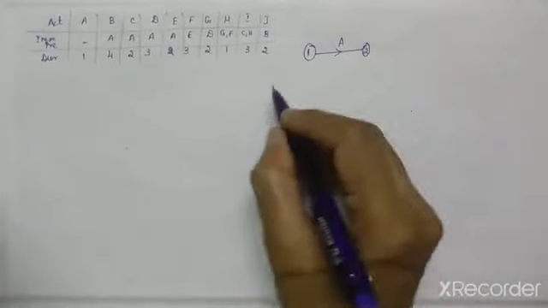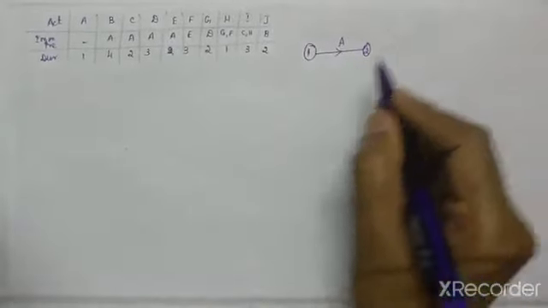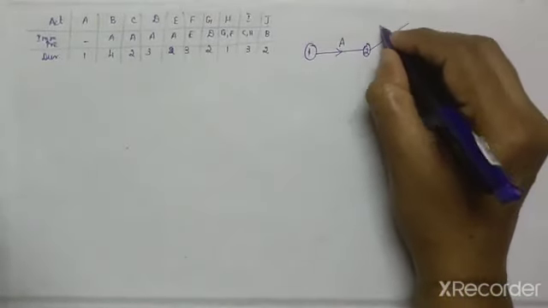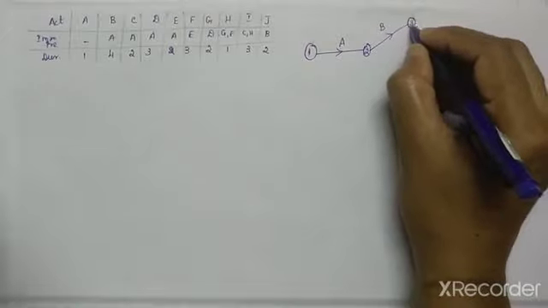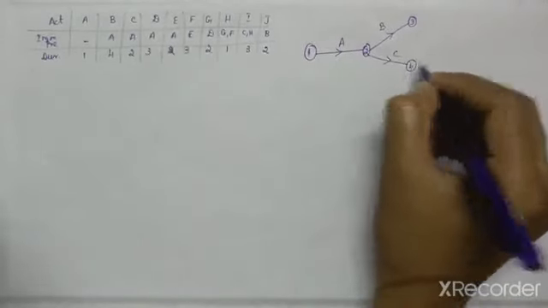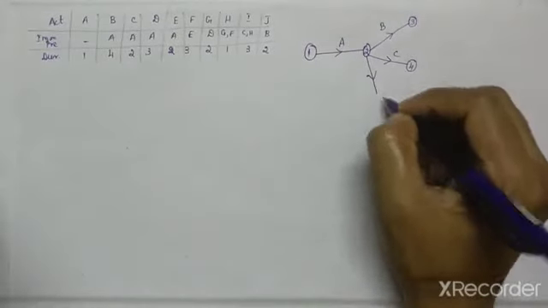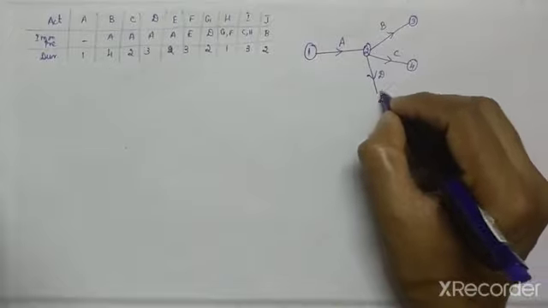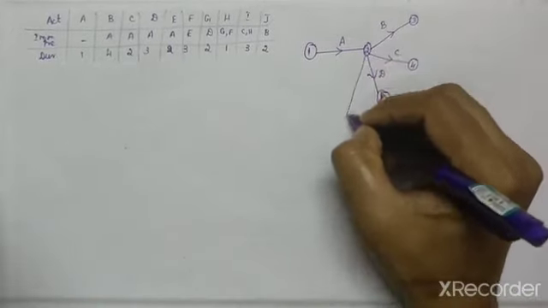After finishing A only, we come with B, C, D, E, the four activities. So this will be B, this will be C, this will be D, and this will be E.